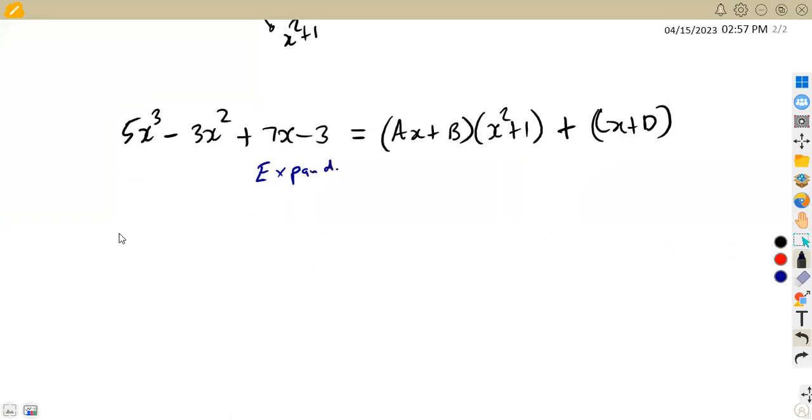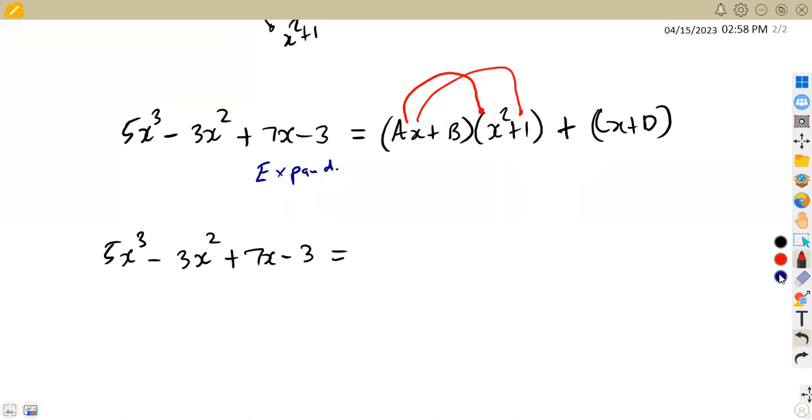The left-hand side remains as it is, 5x^3 - 3x^2 + 7x - 3, equal to, let's expand: ax is going to affect x^2 and also 1. After, b is going to affect x^2 and also 1.